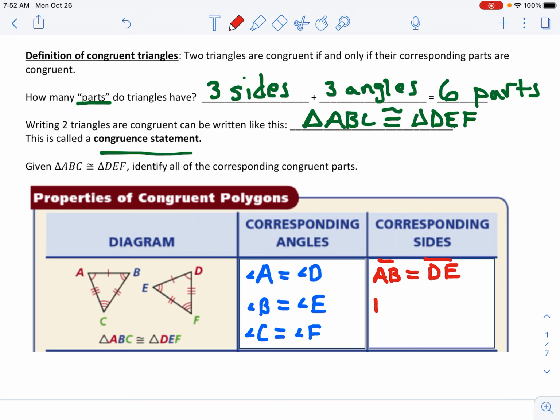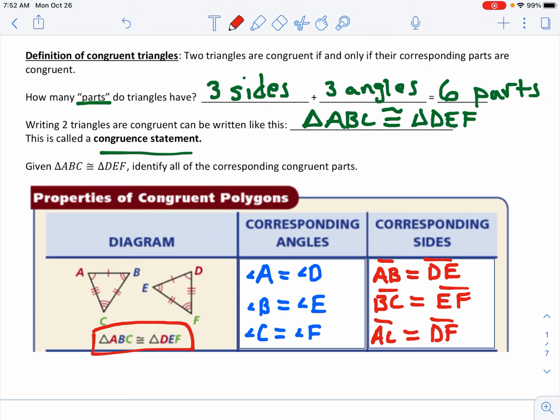BC has 2 tick marks. B had 2 angle curls, C had 3, so in my next picture I need to start at E and go to F. My last side, AC, has 3 tick marks. I went from A with 1 curl to C with 3 curls, so I'm going to go D, F so that my letters stay consistent.